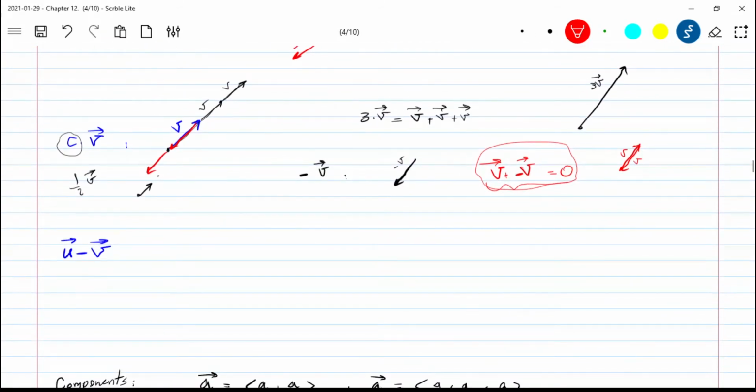Okay, so what is u minus v? If you have two vectors, let's say this is u and this is v, what would be u minus v? For u minus v, first you have to draw negative v. So this is u. Negative v would be exactly the opposite. If this was v, you can draw negative v here.